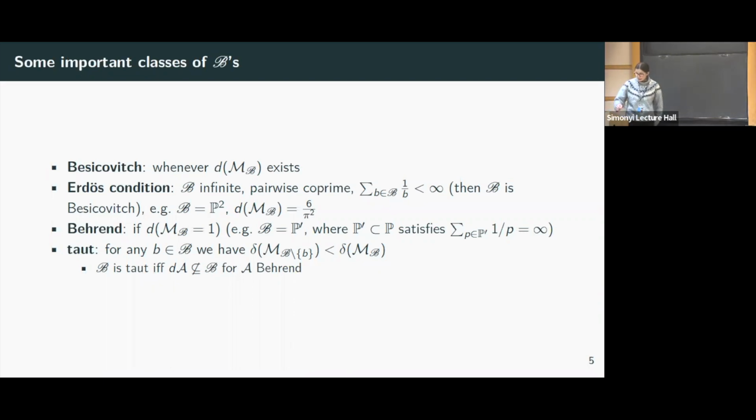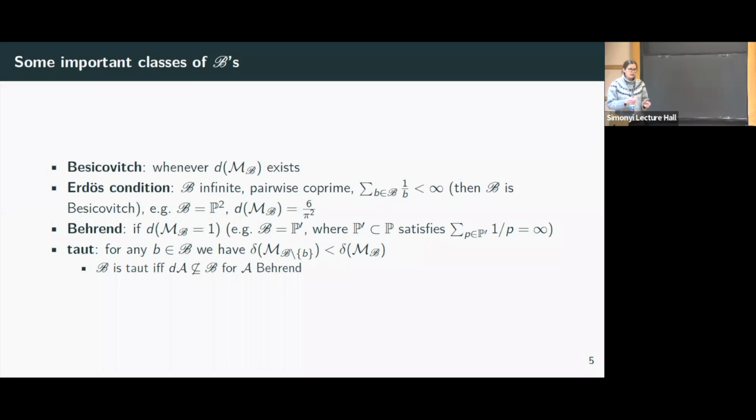A subclass of these sets are sets satisfying the so-called Erdős condition, which means that B is infinite, pairwise coprime, with a summable series of reciprocals. So for example, if B is equal to the squares of primes, we are here. Well, the density is then 6 over pi squared.